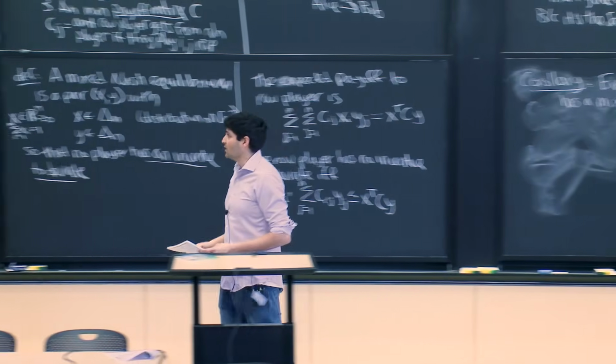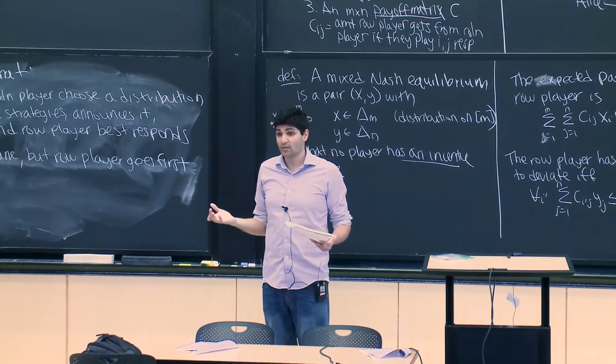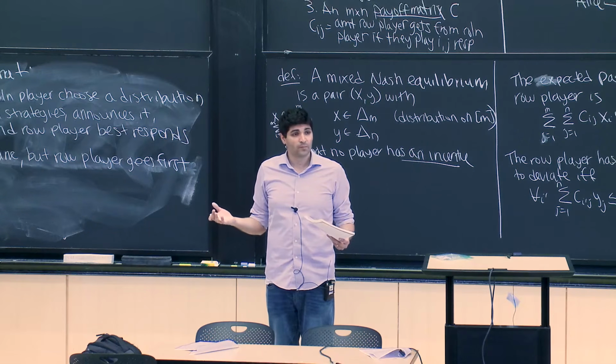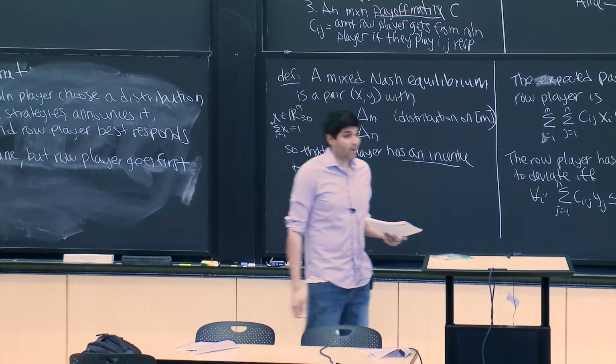So the main question is, where am I going to get my strategies that are purportedly mixed Nash equilibrium? This part's not so obvious, but it's really going to come from the two expressions right here.